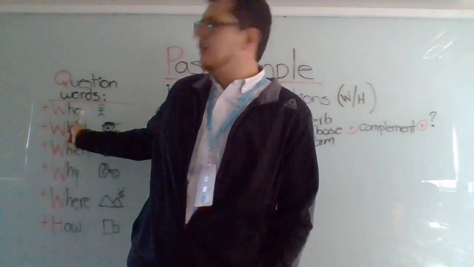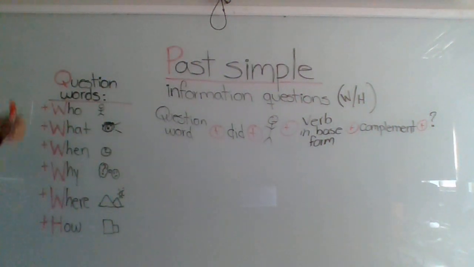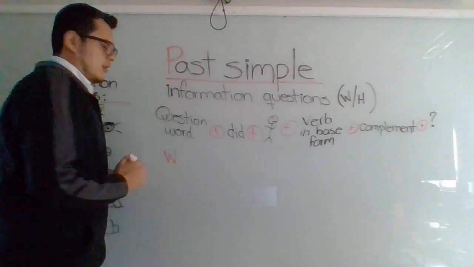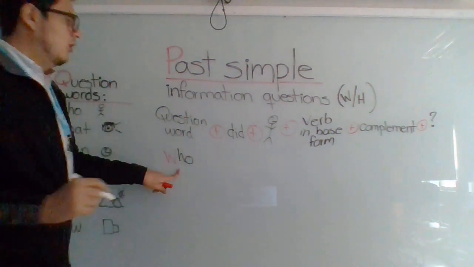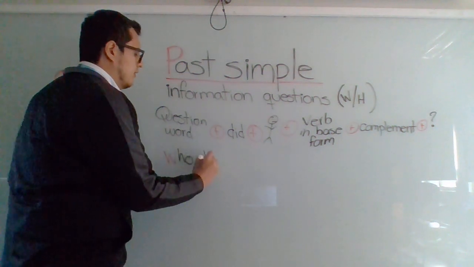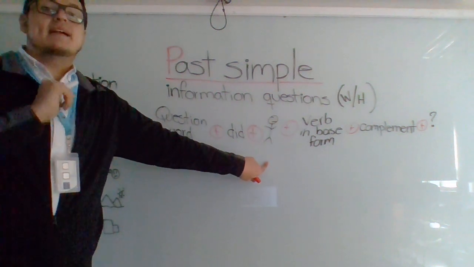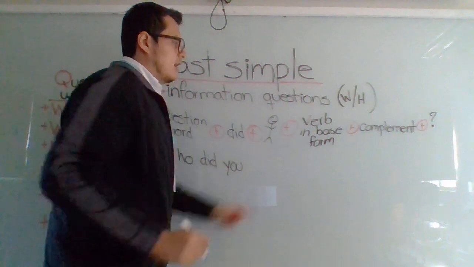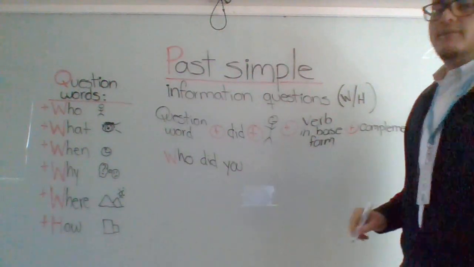Let's start using who. So question word, I want to use who. So I start with who. W, can you see it? Yes. Who? Next, my auxiliary, did. Next, the subject, I'm asking you, so I will say, who did you? Next, I need a verb in base form.